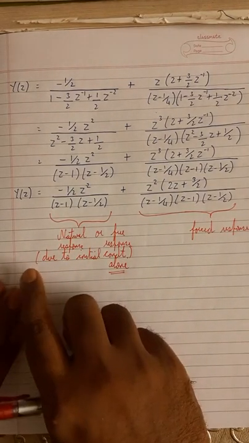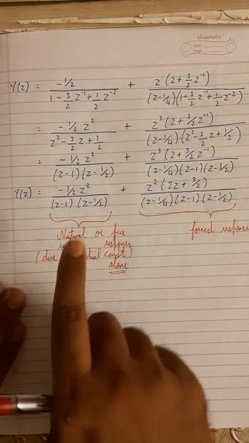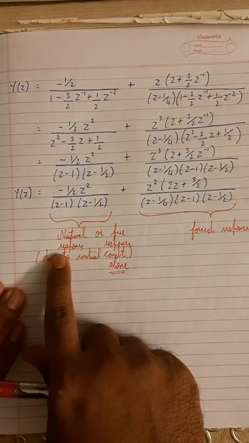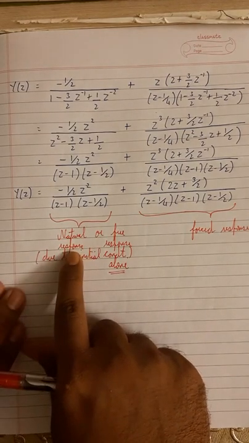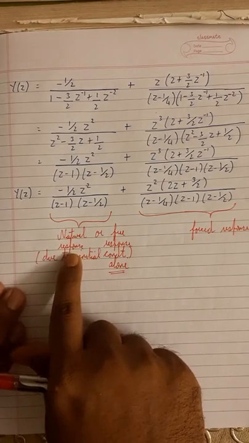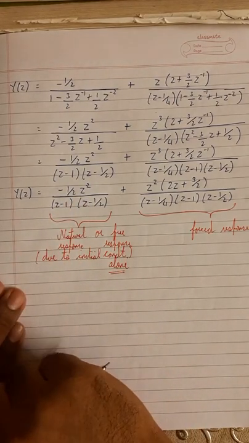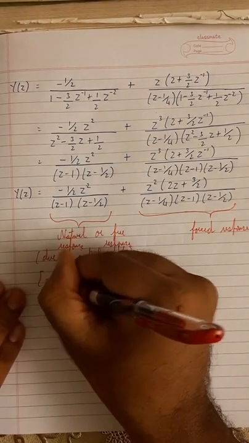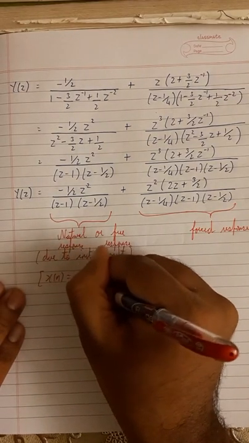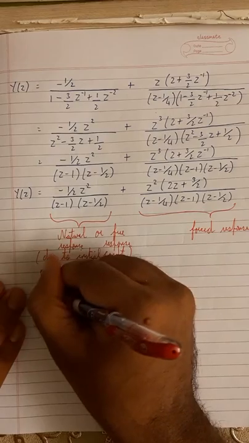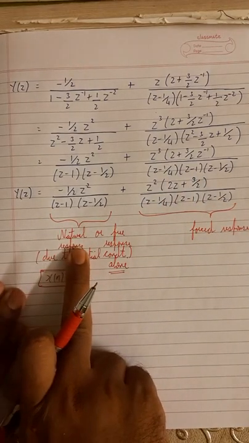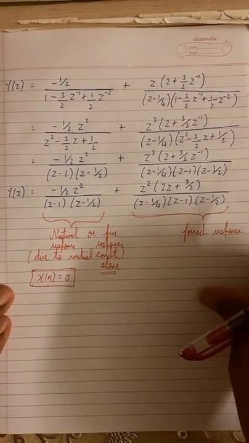So suppose if they're asking you to find only the natural response or free response, then how to find it is simply apply the initial conditions and then put x of n is equal to 0. This is how we find the value of the natural response or free response.